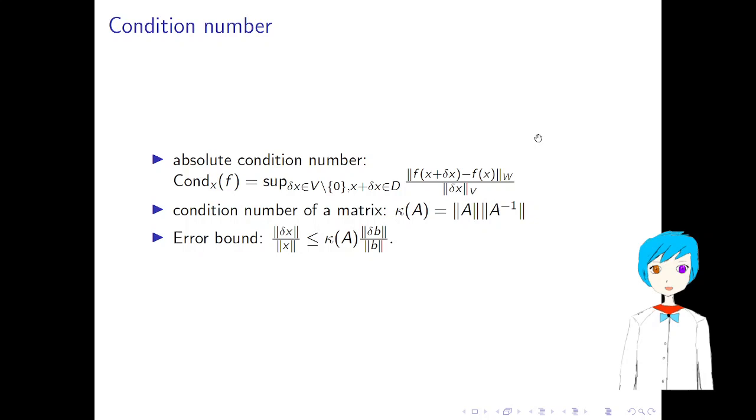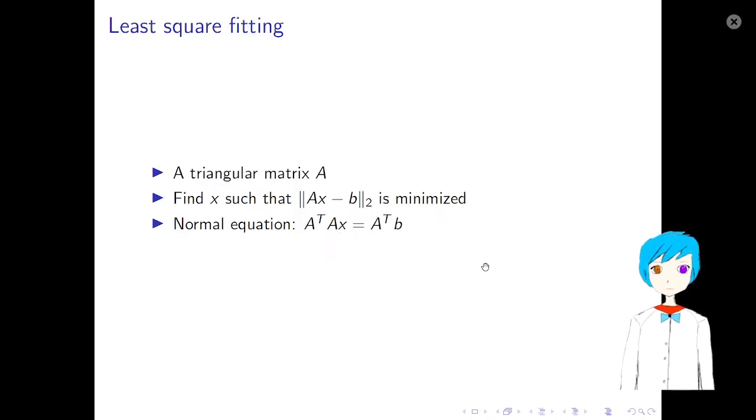The norm of delta x over the norm of x, which is the relative perturbation in the outcome for solving Ax equals b, is smaller or equal than kappa A times the norm of the perturbation in the right-hand side vector b over the norm of b. So the relative error in the result can be bounded by kappa A times the relative error in the perturbation on the right-hand side vector b.